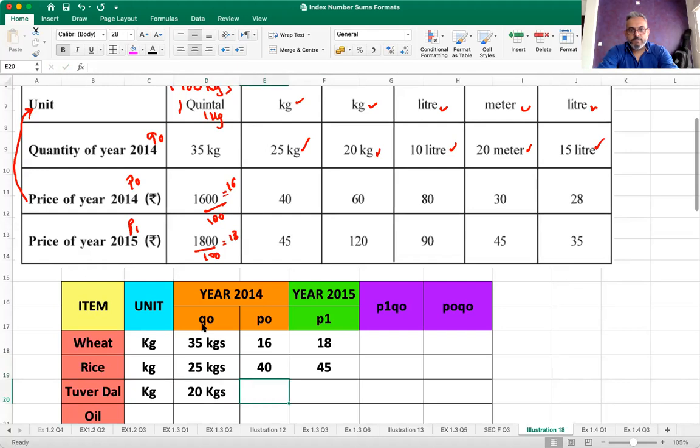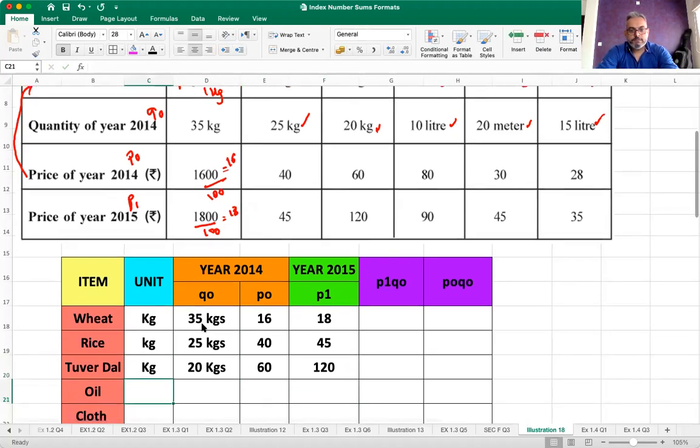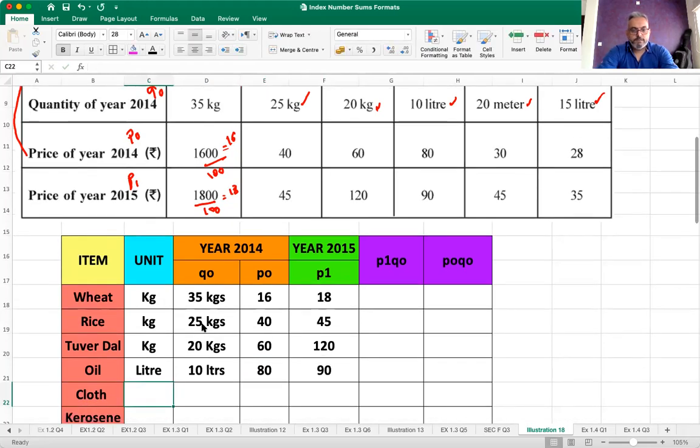Then tur dal, again kg, 20 kgs, 60 rupees, 120 rupees. Oil, liter, 10 liter, 80 rupees, 90 rupees.